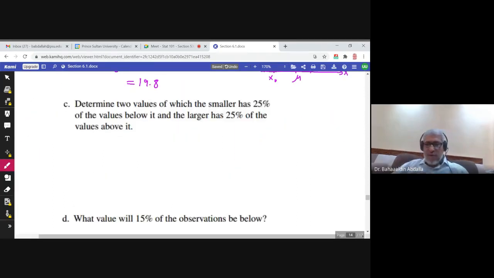Determine two values of which the smaller, so now I'm talking about two values. The smaller has 25% of the values below it. So this is X1 and 25% below it. And the larger, X2, has 25% of the values above it.